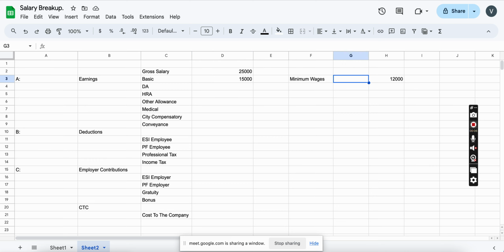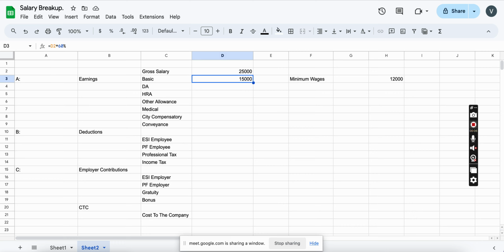If the minimum wages defined by the government is more than the 60%, then you have to follow the minimum wages. If it is less, then you have to follow the actual 60%. Got it? So this is how basic and DA.